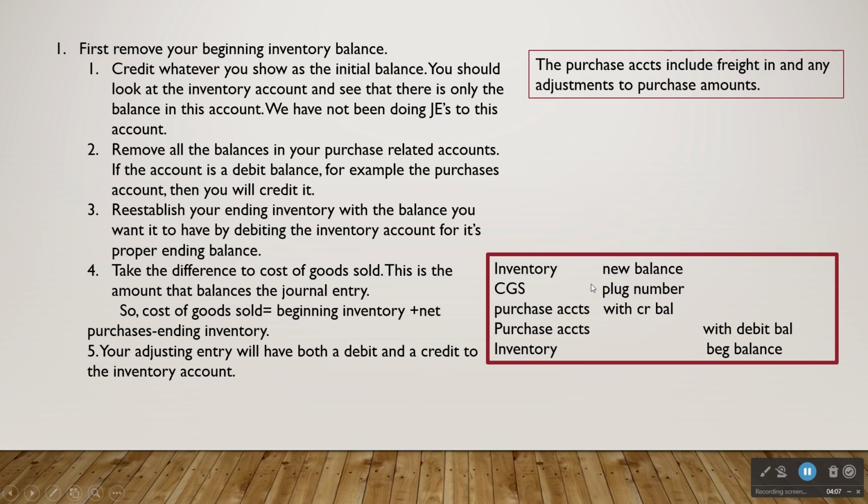It is a plug number, I say, because after you've completed this, and this, you will have a remainder which you need to make your journal entry work. That is a plug number, and that number right there is cost of goods sold.